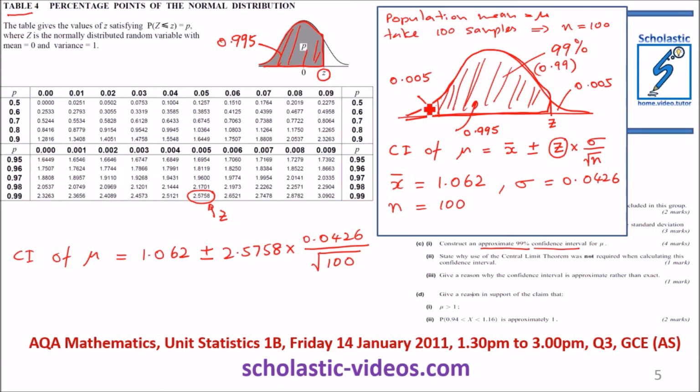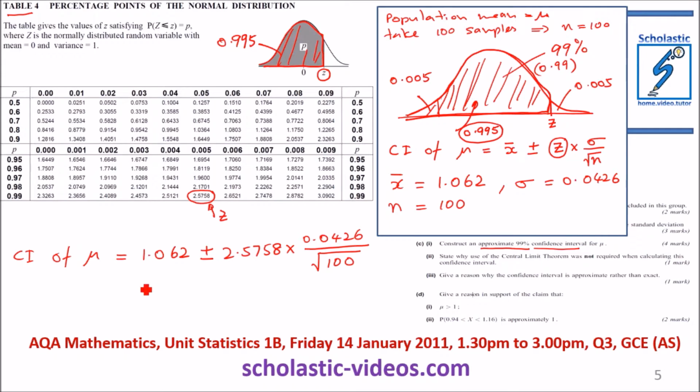So therefore we have to look at the value 0.995 in the tables. If it was 95%, you will get 0.025, then you look at 0.975 in the tables. We'll come to a similar question later on.